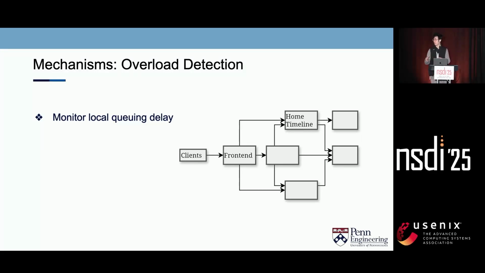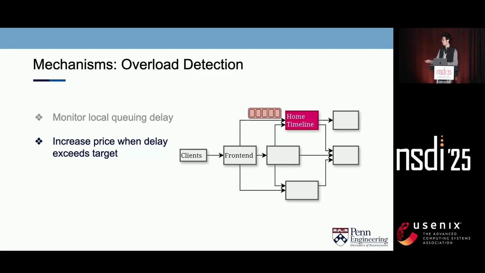So first, how do we detect overload? Rajomon runs on every single microservice. It monitors the local queuing delay. Up to your implementation, the queue could be a thread queue. For us, it's a goroutine queue because we implement in Go. But anyway, you have a queue, and you can monitor the queuing delay locally. And when the queuing delay surpasses your target, we ask the service to increase its price.